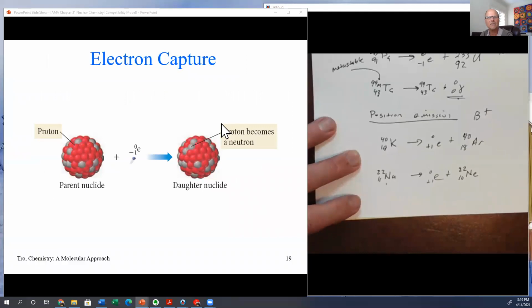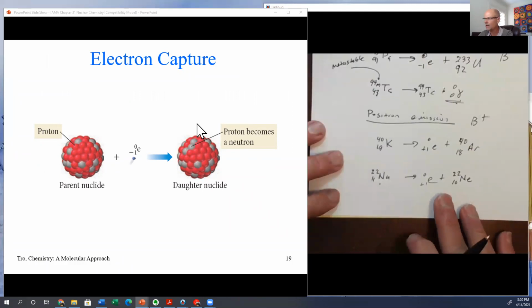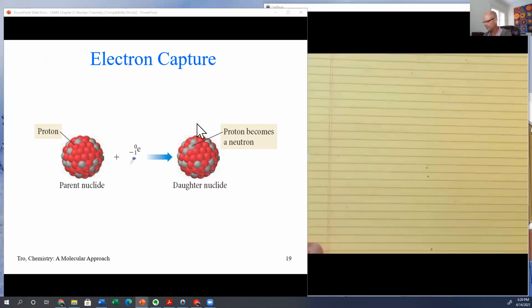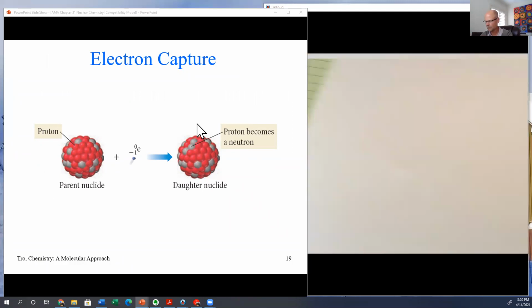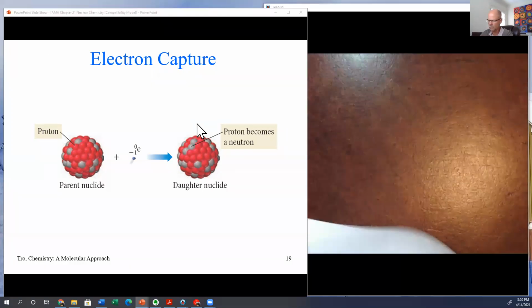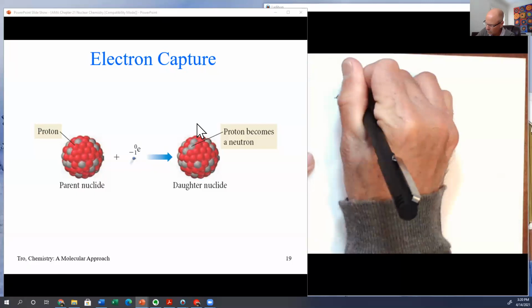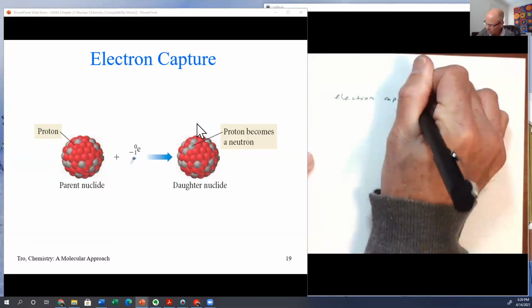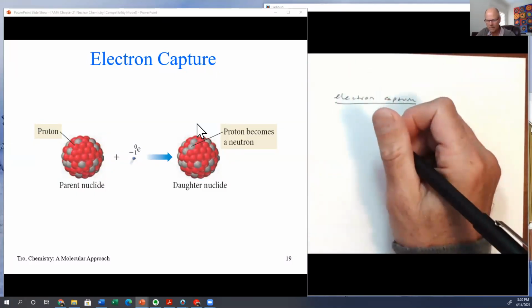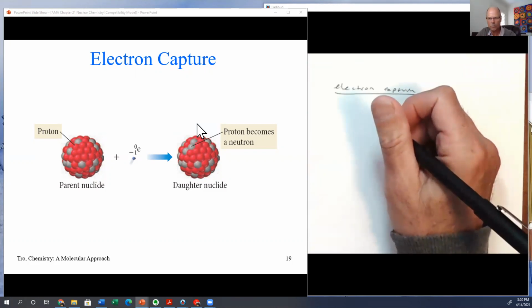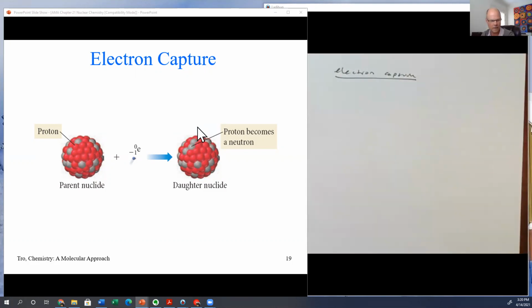All right, one last form of radioactive decay, and this one's a little bit different. Instead of giving up a particle, this nucleus actually eats one of its own electrons. That's called electron capture. So this unstable nucleus captures one of its electrons.